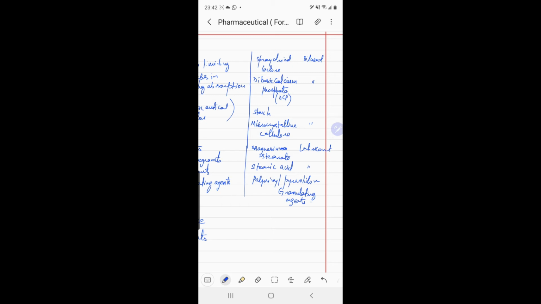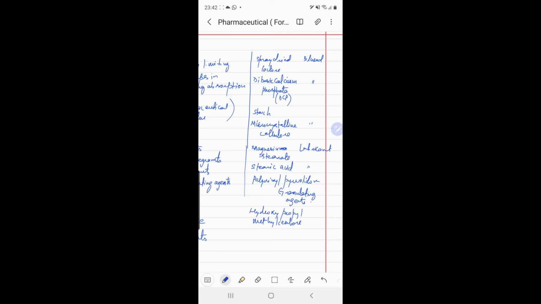Similarly, we have various coatings also. In coatings, we have HPMC, hydroxypropyl methyl cellulose. It is especially used for enhancing the viscosity, and as a tablet coating agent.